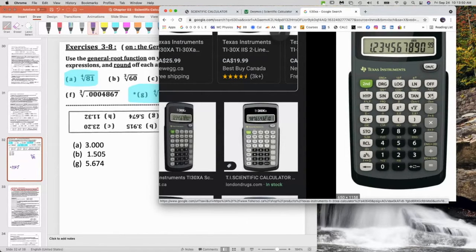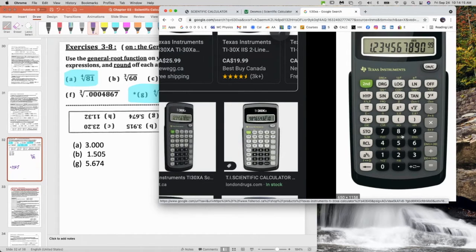So try this first, okay? Try this one first, Sheldon, because your calculator is kind of backwards. What you're going to do is type in the 81 first. So type in 81, okay? Then type in shift or second. I'll come back to you, Nicholas. I'm working on Sheldon now.